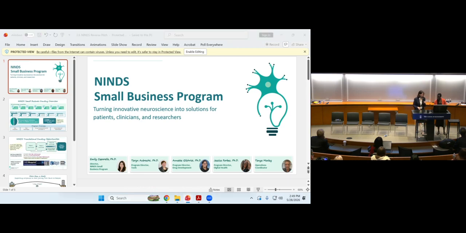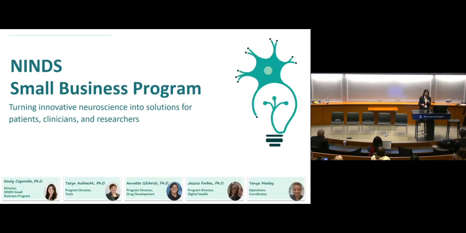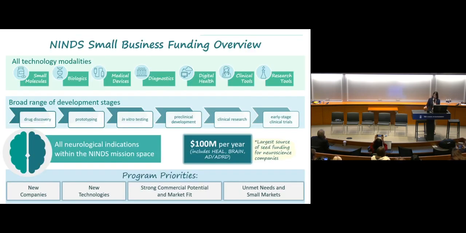Okay, you've heard from a few different institutes at NIH so far. I'm Emily. I lead our small business program at NINDS. NINDS is the Neurological Disorders Institute at NIH. And you've heard about SBIR and STTR funding. At NINDS, we utilize this funding to support the development of products in our mission space.